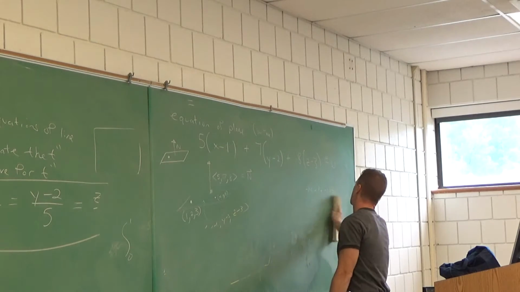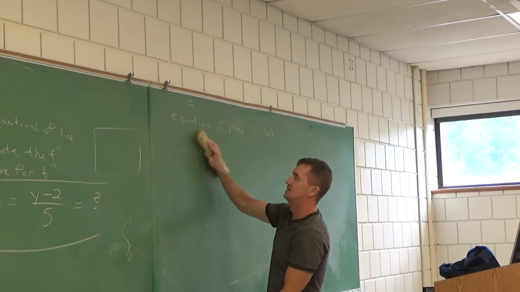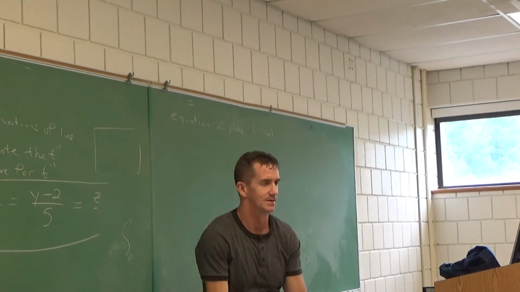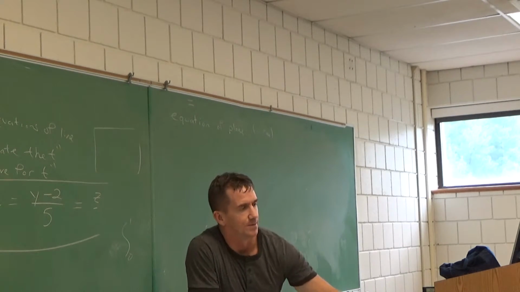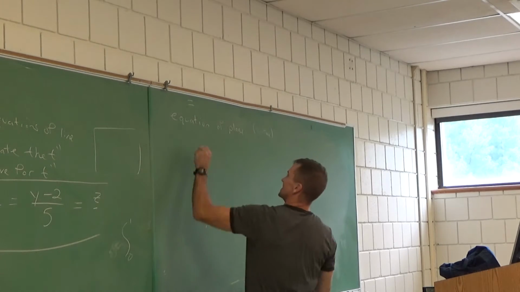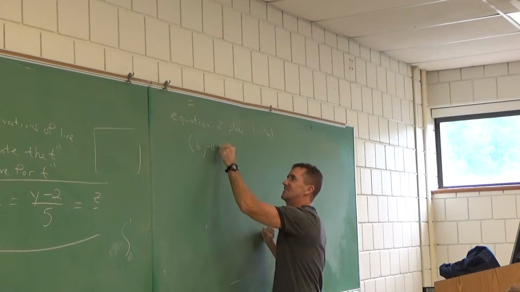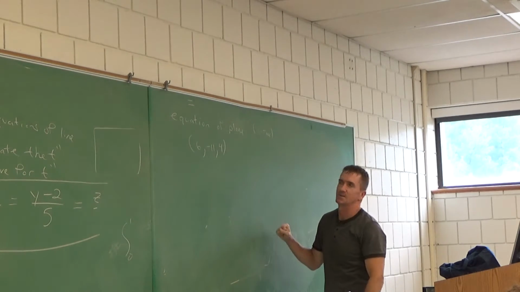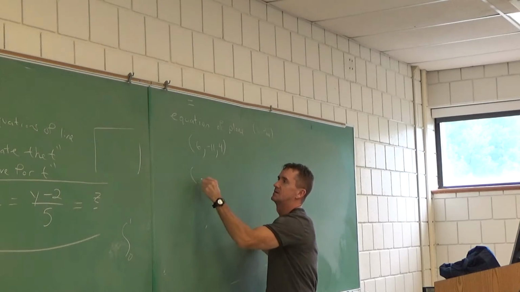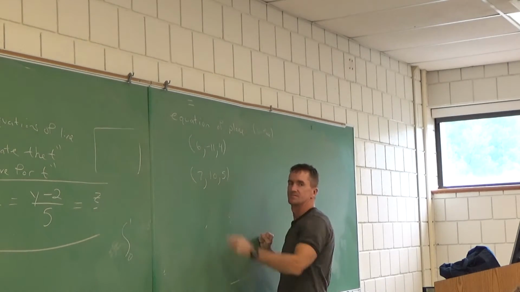And when I need the equation of a plane, all right, you've got to pick a point. 6, -11, and 4. All right. Well, I'll pick the next one: 7, 10, 5.